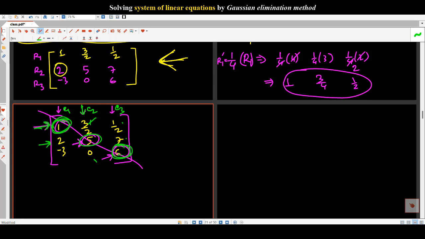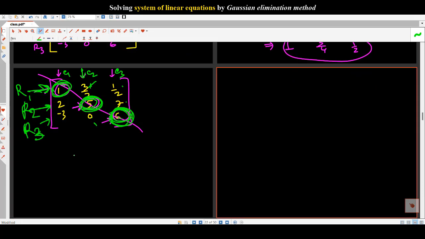So for column 1, the leading element is found in row 1, not in row 2, not in row 3. For column 2, the leading element is found in row 2, not in row 1 and row 3. I hope you are getting the idea. For column 3, this is the leading element that is found in row 3. So this is how you will get the idea of leading element or leading entry.